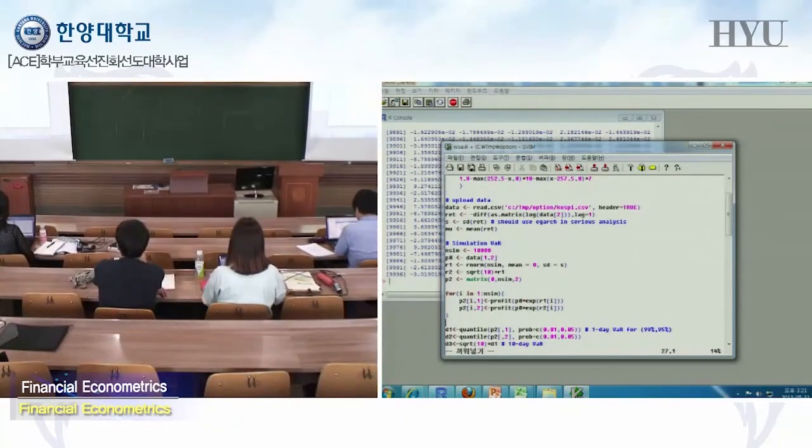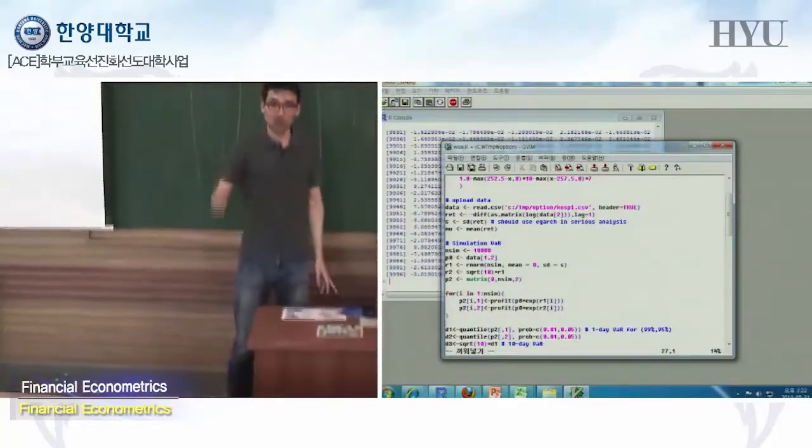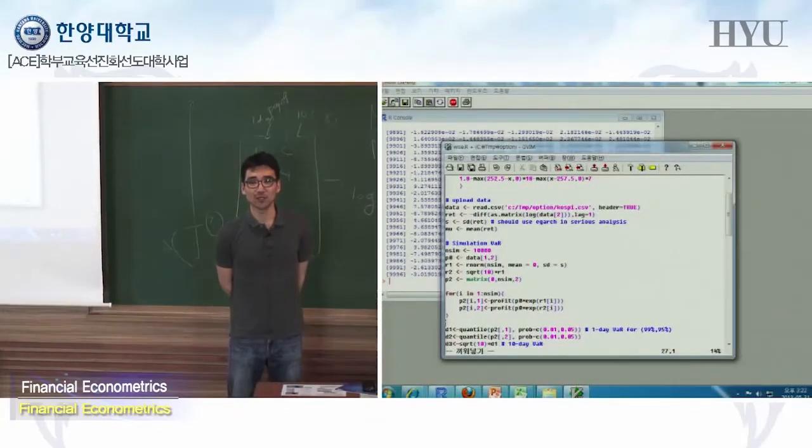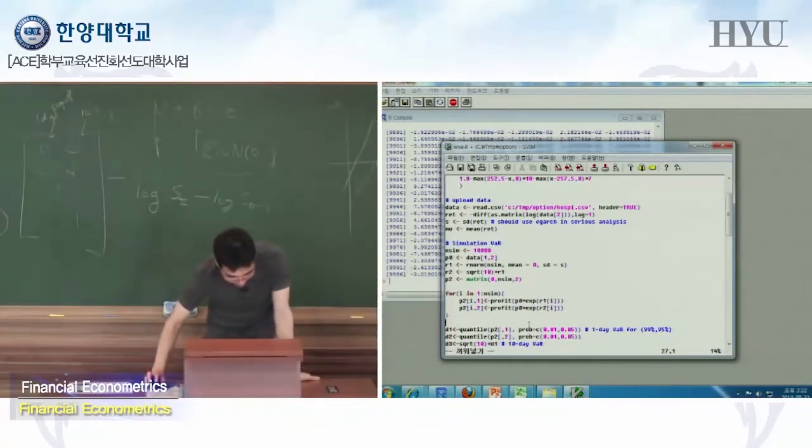And if I multiply P0 and exponential of R2, then it is the KOSPI 200 10 days later. So P0 exp R1 is the simulated KOSPI 200 tomorrow, and this is a simulated KOSPI 200 10 days later. For each simulated value, I apply profit and fill the P2 matrix with profit, from the triangle position. So this P2 is my simulated value.